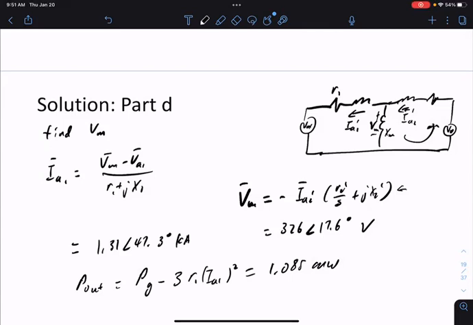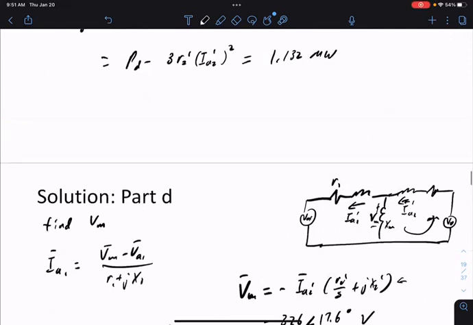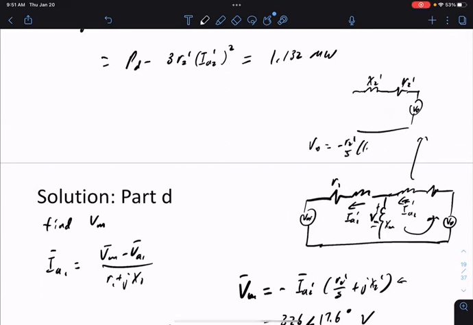No, VD is not 0. So let me do that more clearly. You look at this circuit on the right hand side. This is X2 prime, this is R2 prime. I drew this as VD, but VD is really minus R2 prime S over 1 minus S. I can add this as a resistor back into it.